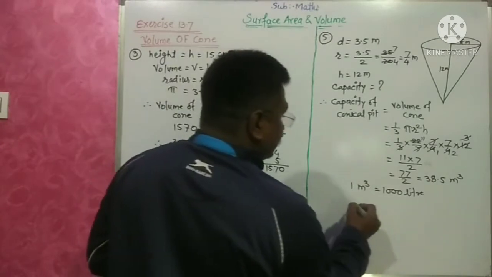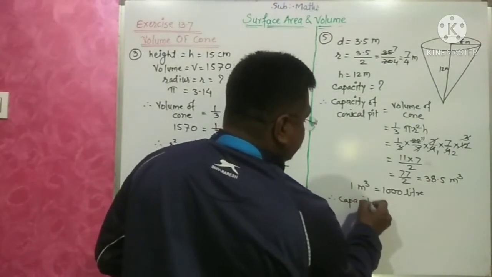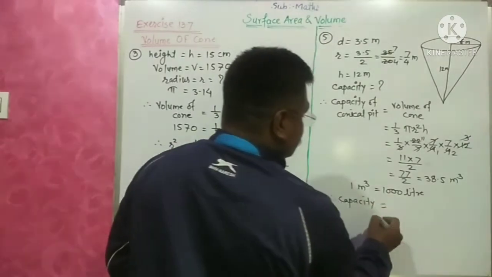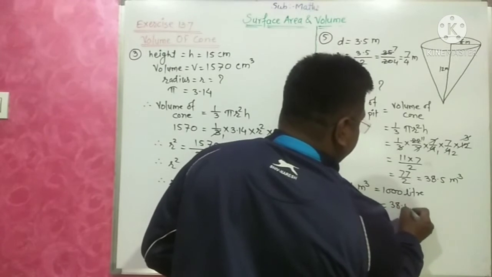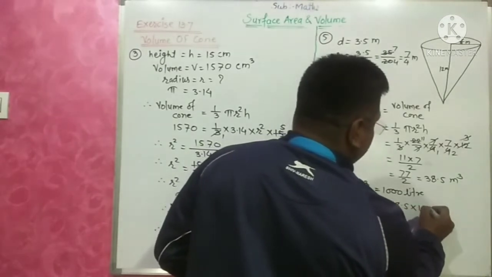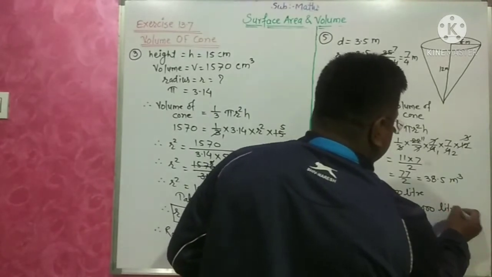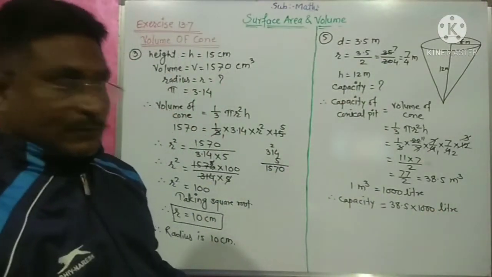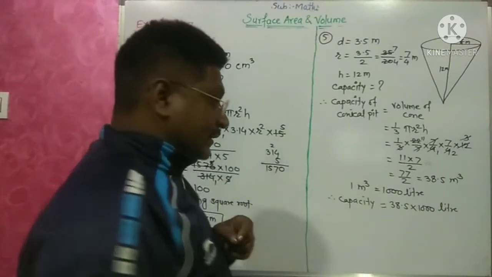So therefore capacity equals 38.5 into 1000. What is this? Liter. But we have to convert to kiloliter.